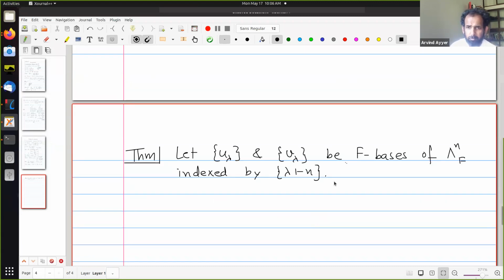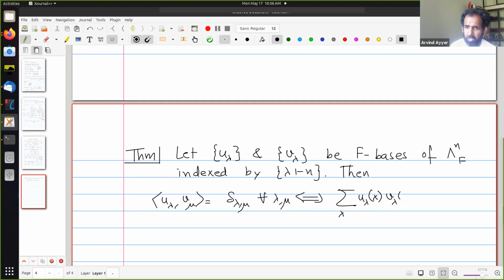Then the inner product of u lambda and v mu is delta lambda mu, so these are dual bases for all lambda, mu, if and only if the sum over lambda of u lambda of x, p lambda of y is this product Pi of x, y.